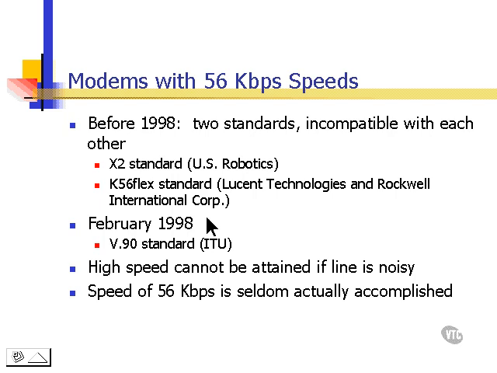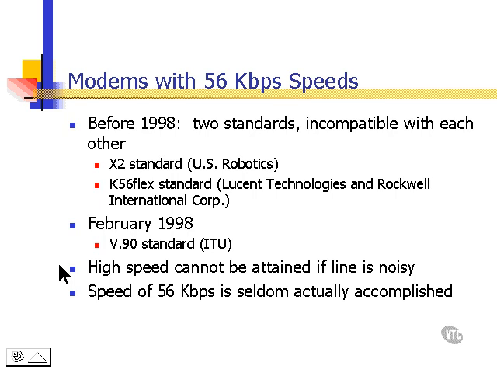But in February of 1998, we adopted the V90 standard, and since then, most 56K modems have adopted the V90 standard, so 56K modems can all communicate with each other. But 56K modems can't necessarily get 56,000 bits per second on a standard telephone line, because high speed can't be attained at all if the line is noisy.